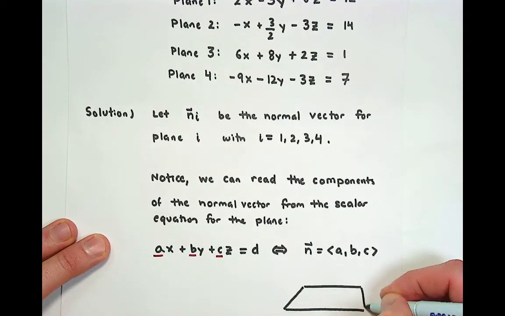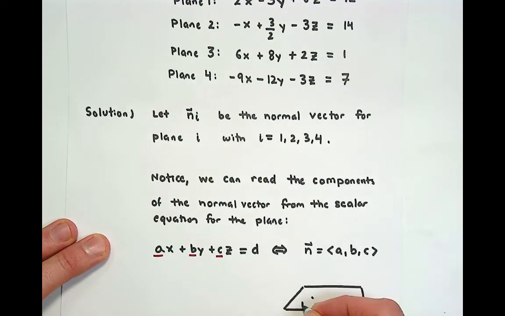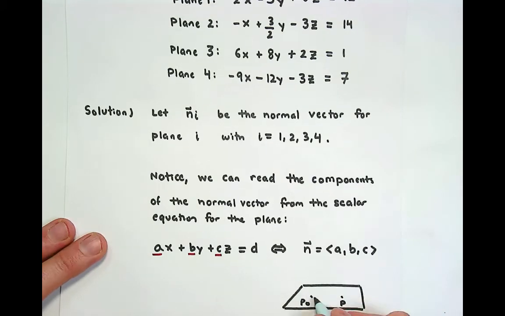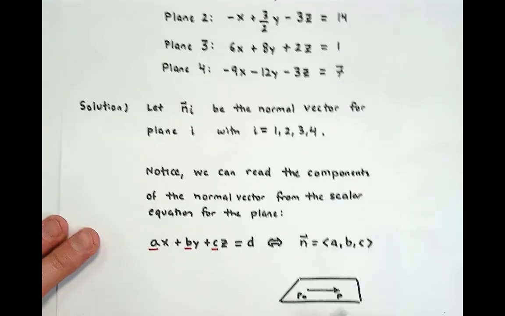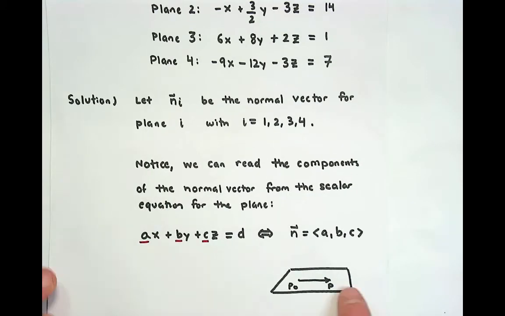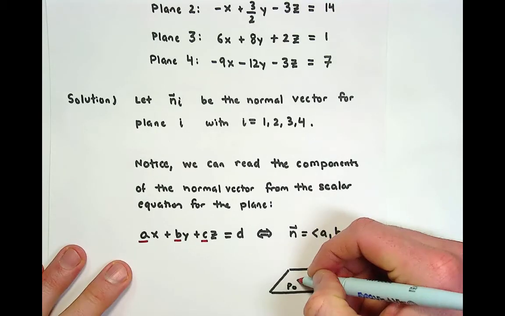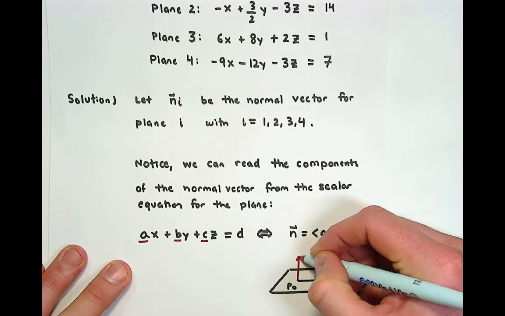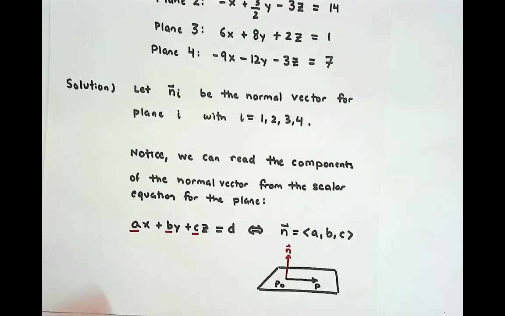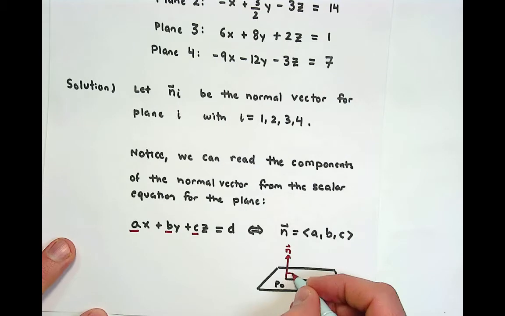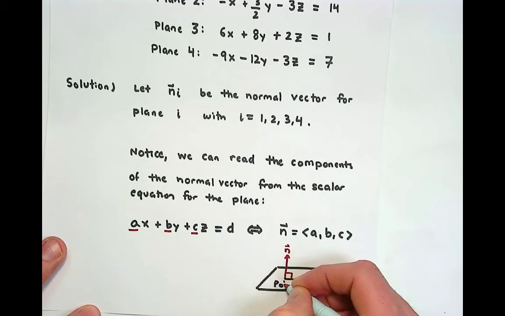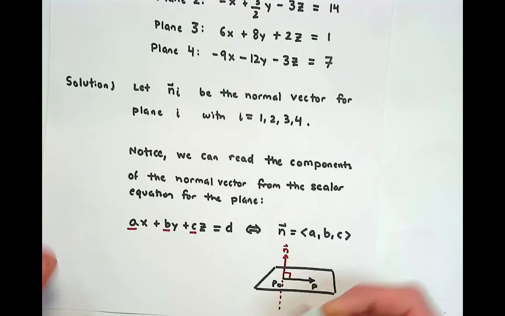The whole idea in a plane is that we have a known point in our plane, we have a general point in our plane, we connect a vector from the known point to the general point, and we say we want to collect all general points such that this vector is orthogonal to n, the normal vector of the plane, which actually correlates to the unique direction orthogonal to this plane.